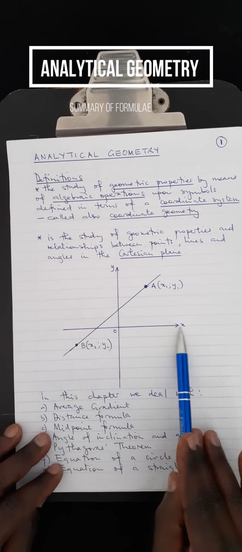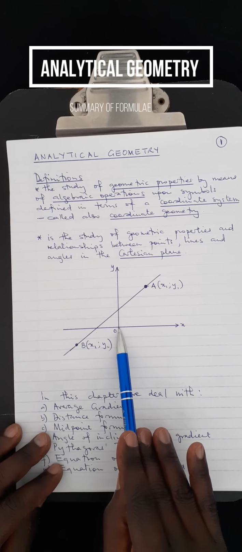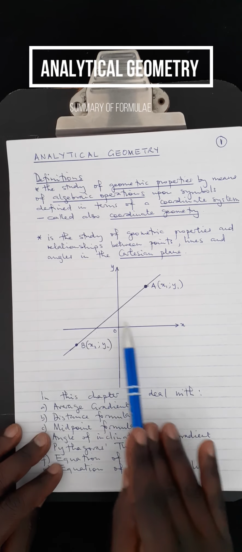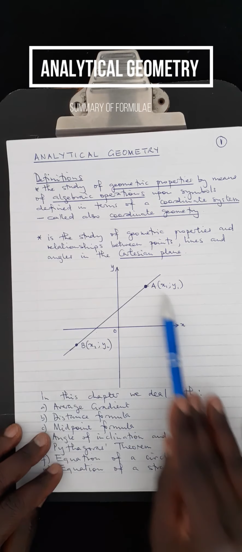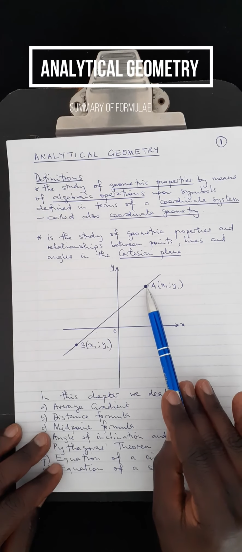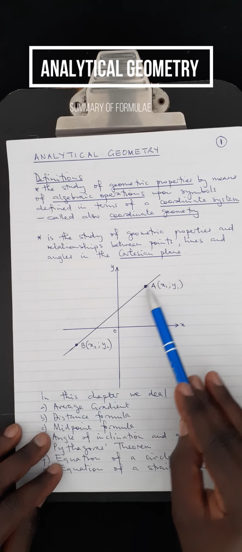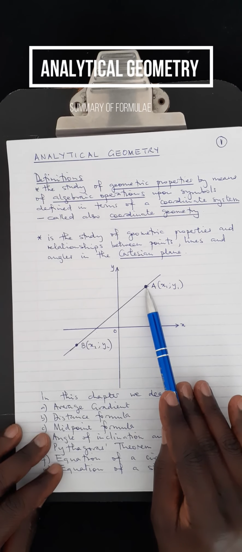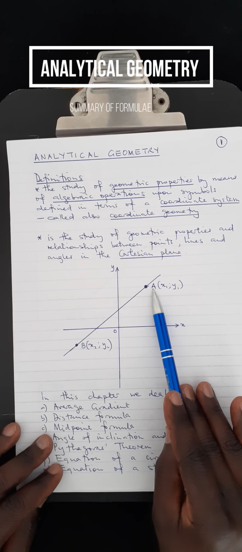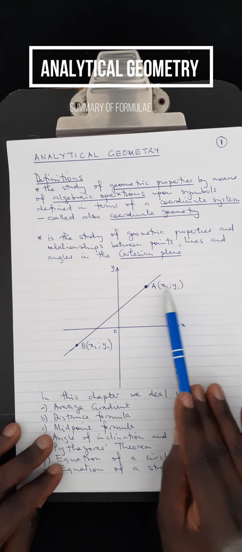In the Cartesian plane, we have the x-axis and the y-axis. They intersect at the origin. Most of us might be familiar with this. So this is a Cartesian plane. We have points A and B, and I've decided to join these two points with a straight line. The position of a point is indicated by coordinates, the x coordinate and the y coordinate.